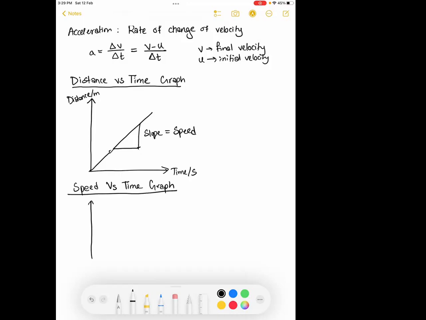Again, speed on the y-axis in meter per second, and time on the x-axis. Let's say this is also a straight line like that. Now, this slope will actually give you the acceleration.